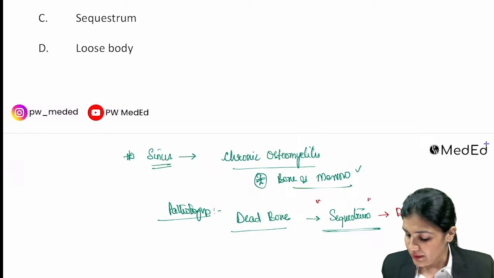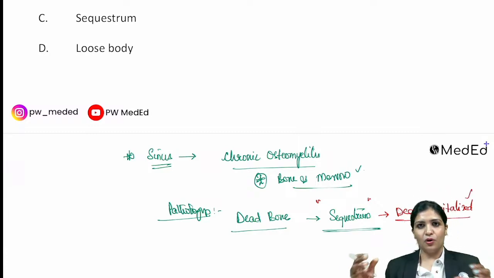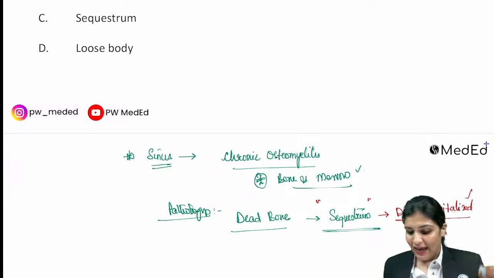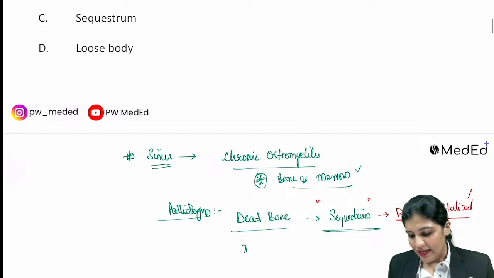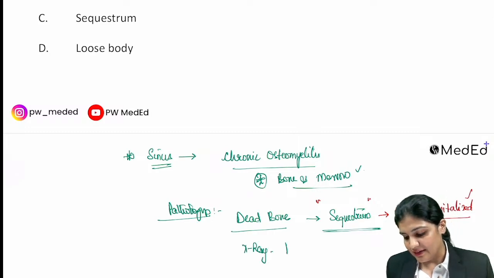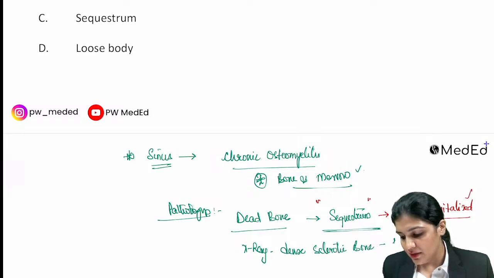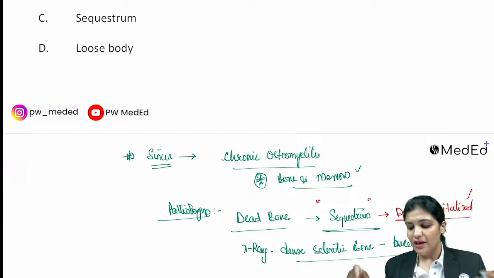It is a dead, devitalized bone; because of loss of blood supply, it becomes dead. And on the x-ray, how is it seen? It is seen as a dense sclerotic bone surrounded by a halo of lucency. That is the definition of your sequestrum.